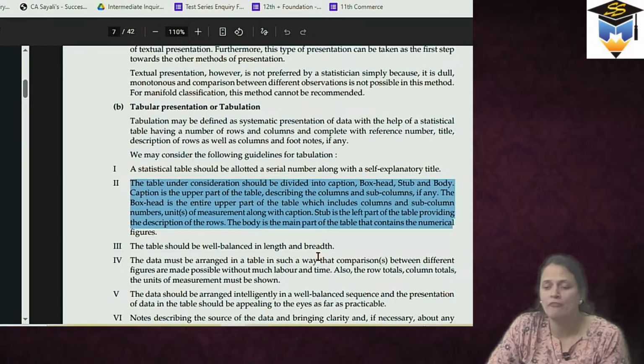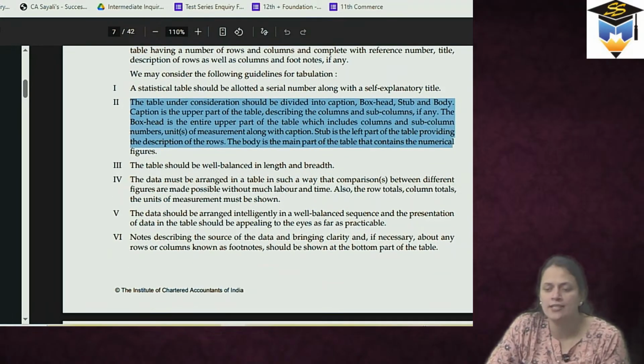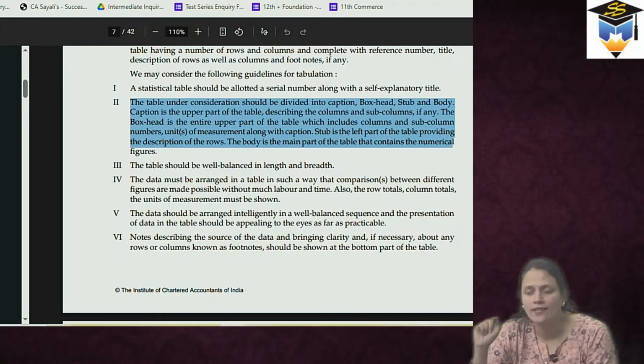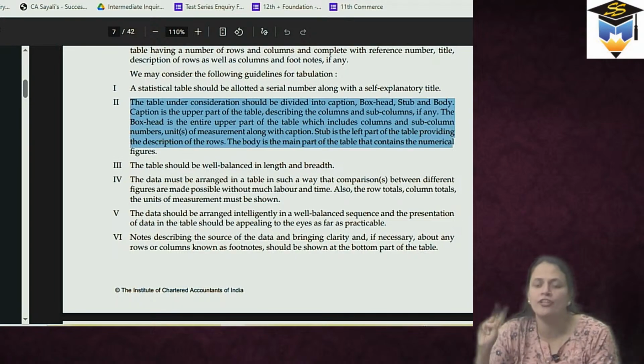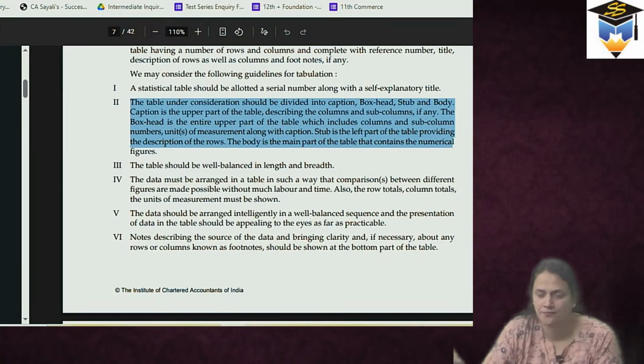The table should be well balanced in length and breadth. The data must be arranged in a table in such a way that comparison between different figures is possible without much labor and time. The data should be arranged intelligently in a well-balanced sequence, and presentation of the data in the table should be appealing to the eyes.